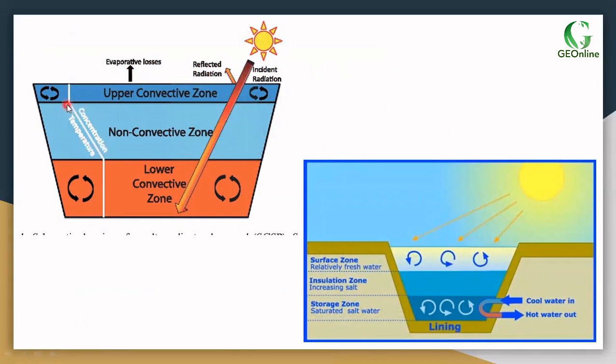So when we move downward, the concentration of salt and temperature is increasing. This layer occupies half of the depth of the total solar pond. That means heat is trapped in this layer.